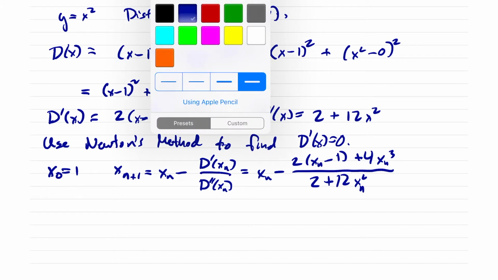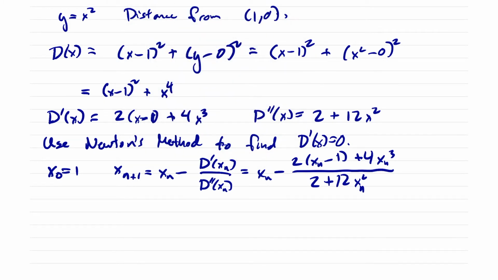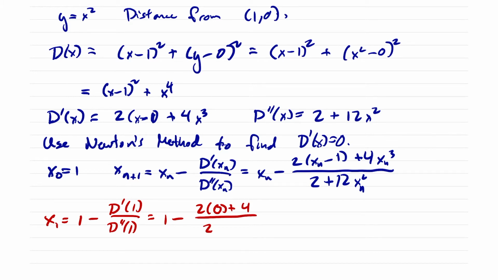And so then you can just go ahead and compute, say, what is x1? If I use x naught as being 1, then it's going to be 1 minus d prime of 1 divided by d double prime of 1. And it's going to be 1 minus 2 times 0 plus 4 divided by 2 plus 12 times 1.